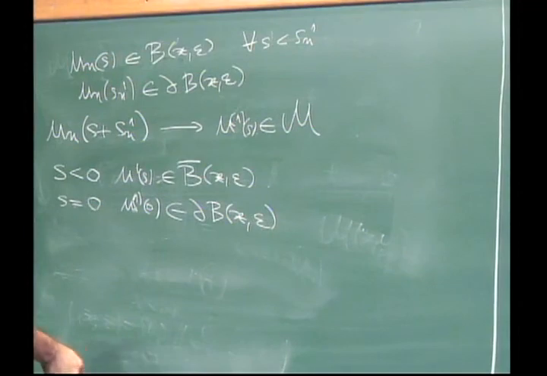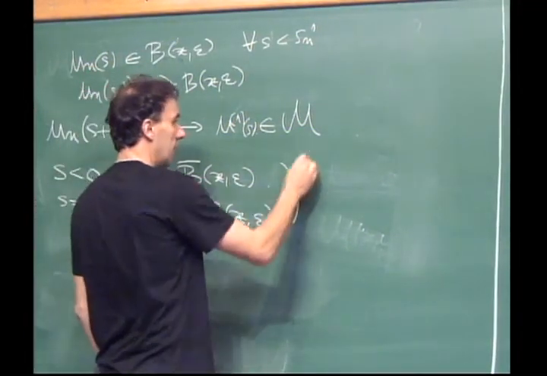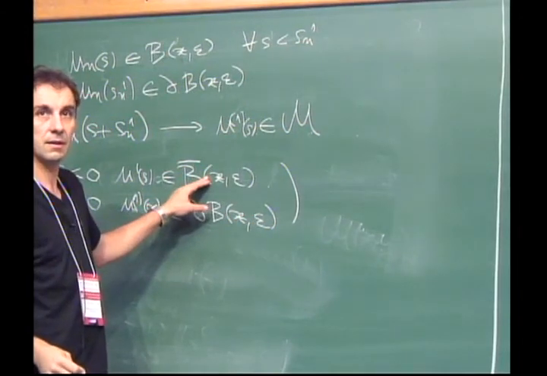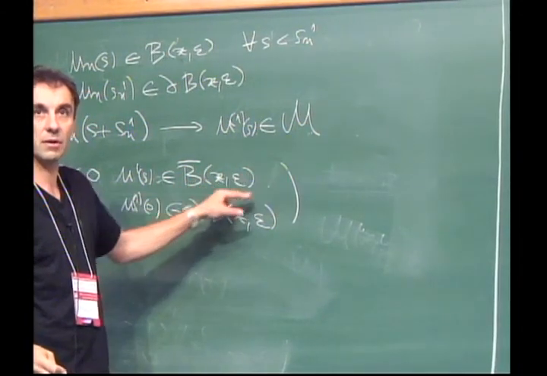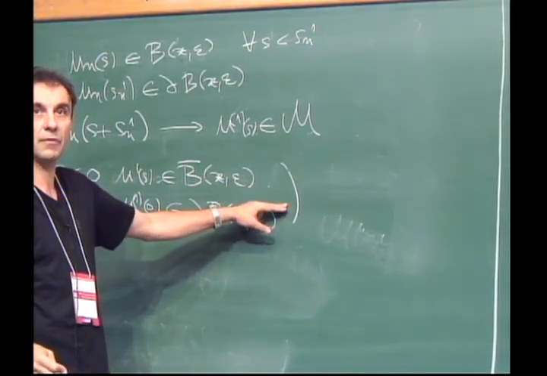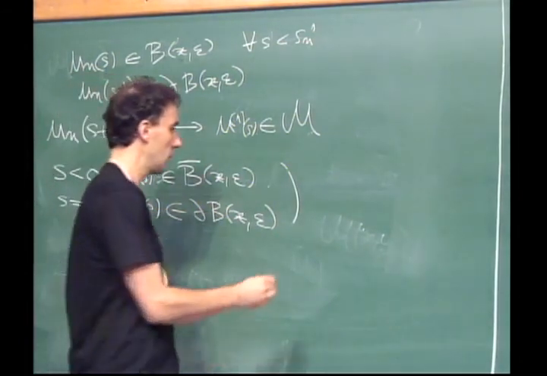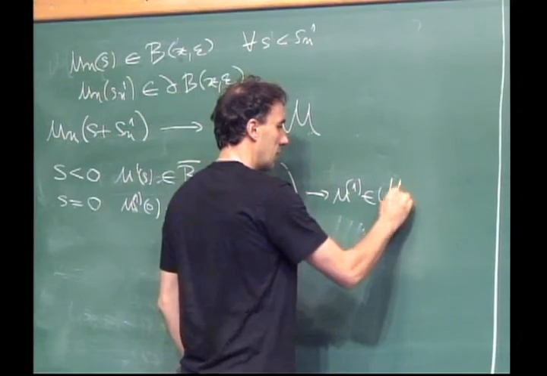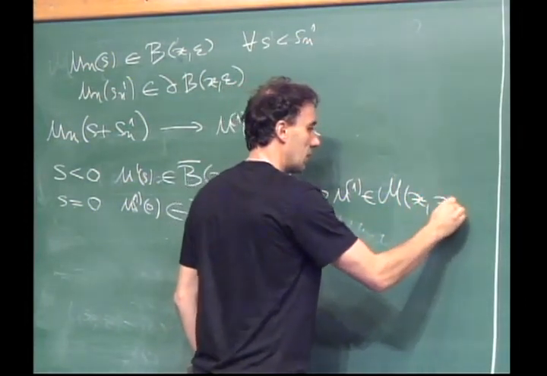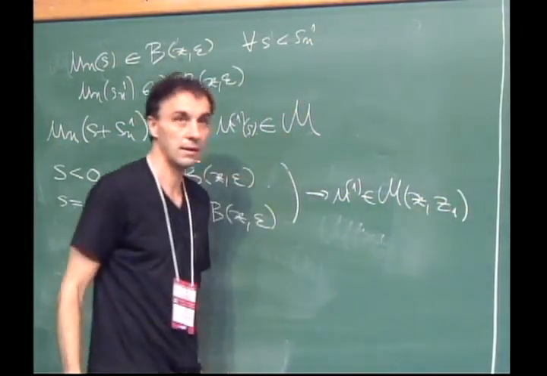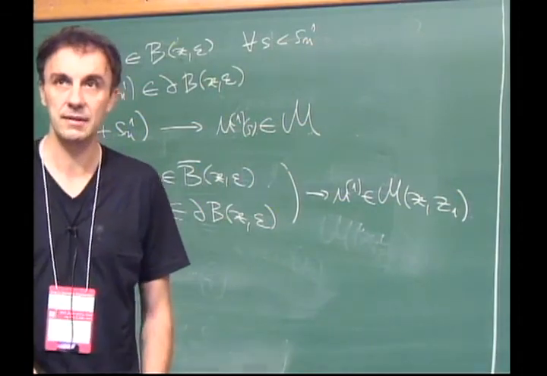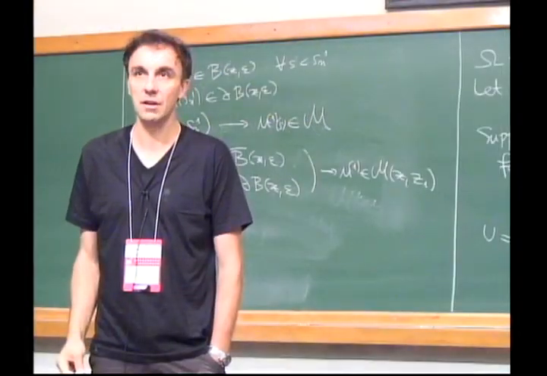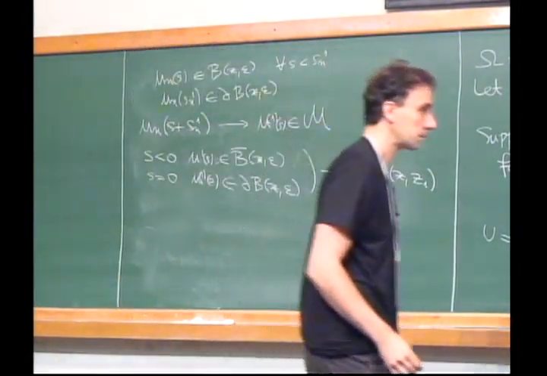So this means that this U1 is a trajectory which starts from X, and it's not constant because it reaches the boundary, right? So U1 belongs to M starting from X, non-constant, so it goes to another critical point, Z1.